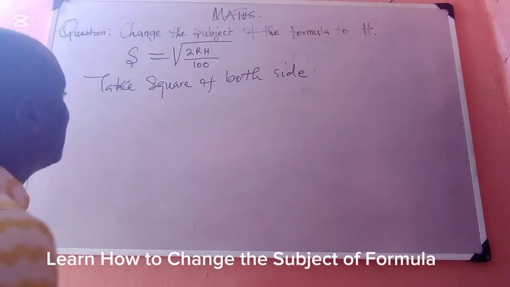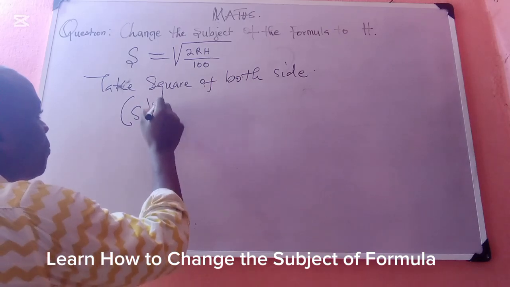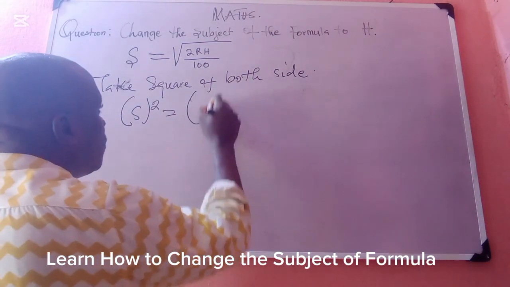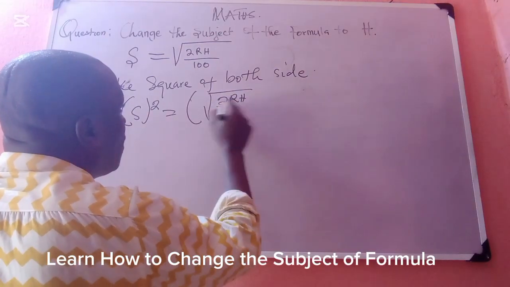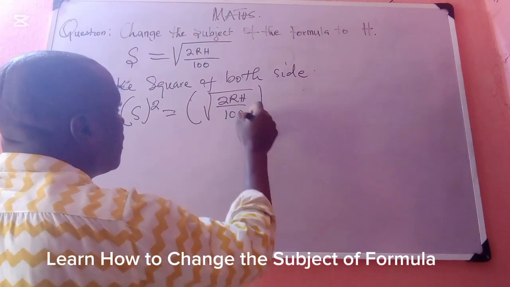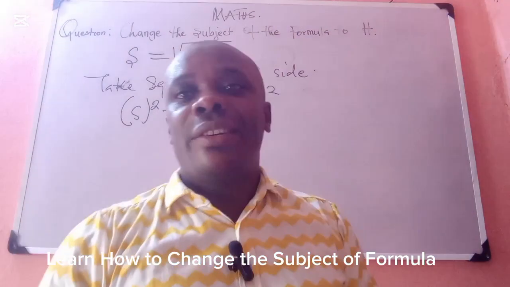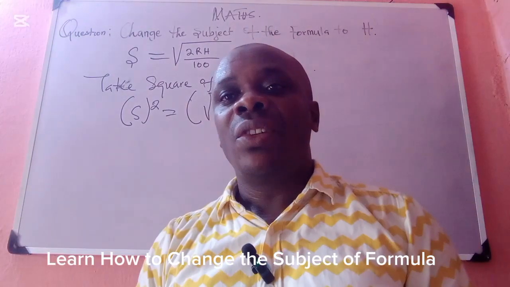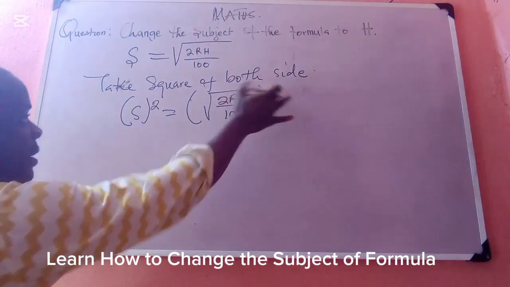We now have S raised to power 2 equals, open a bracket, root 2H all over 100. So now we've taken the square of both sides of the equation given. The next stage is to eliminate the square root and the square.